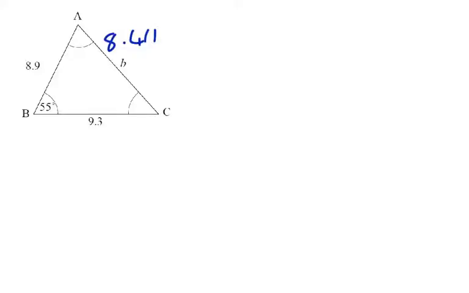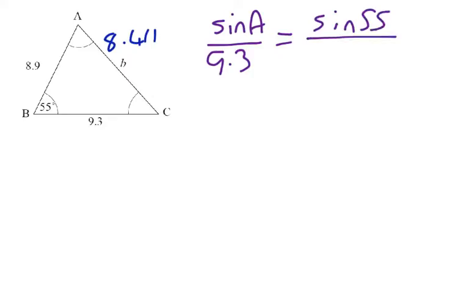Now we've got three sides and an angle, we can use the sine rule. So if we try and find angle A now, we know that sine of A over the length A, which is 9.3, is equal to sine of the angle we do know, which is 55, over the length opposite that, which is our 8.411 that we just calculated.